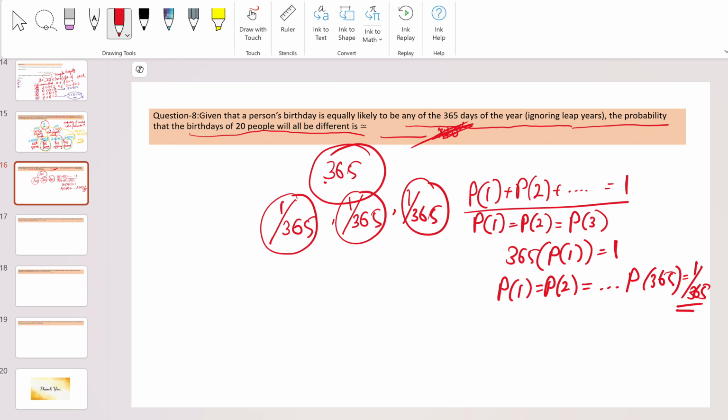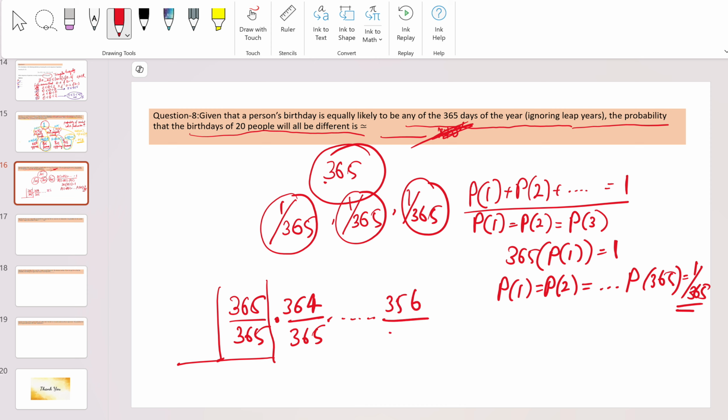Let's take it forward: the probability for one particular person is 365 by 365, and for the rest, 364 by 365, because one birthday is already fixed, and so on till the 20th person, which is 346 by 365. So this is the probability of getting 20 different birthdays.